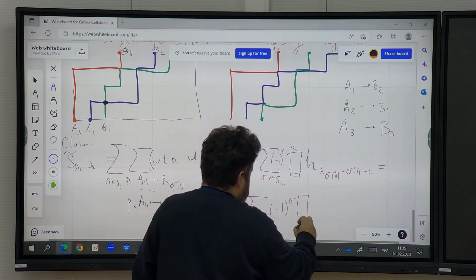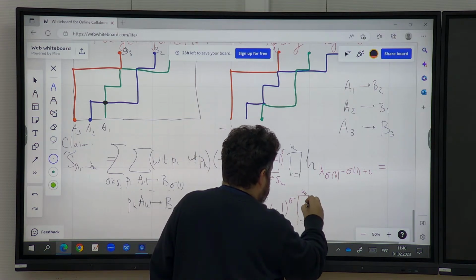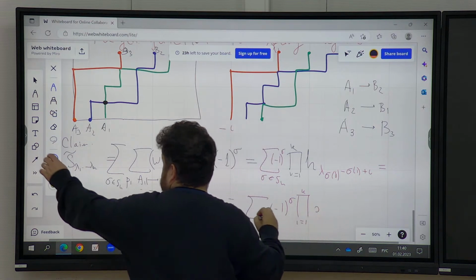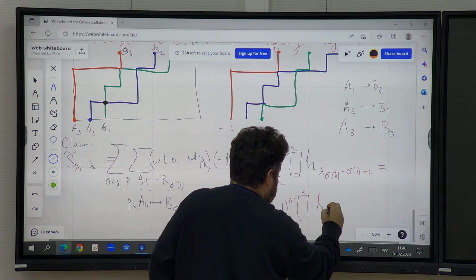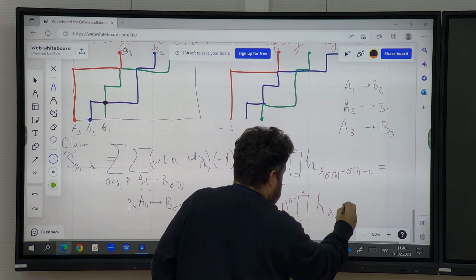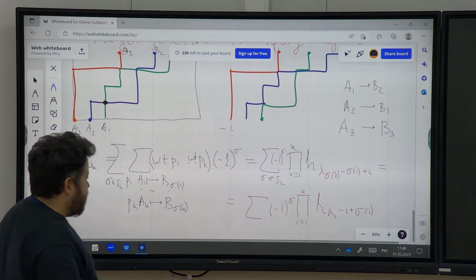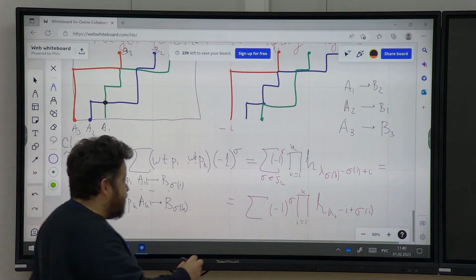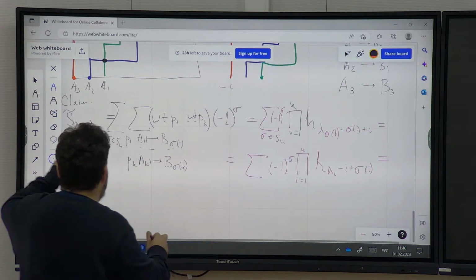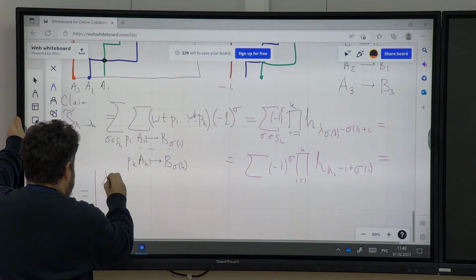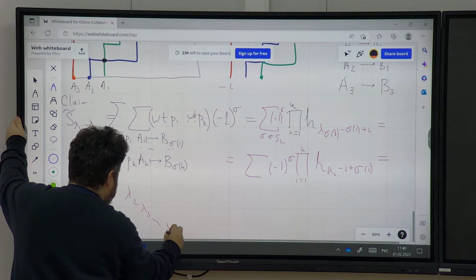Well, it's the sum over permutations, i from 1 to k. Sorry, this is h lambda i minus i plus sigma of i. And this is exactly the Jacobi-Trudi formula. So this is the determinant. Let me proudly write this down. So this determinant has lambda 1, lambda 2, lambda 3, etc., or lambda k on the diagonal.